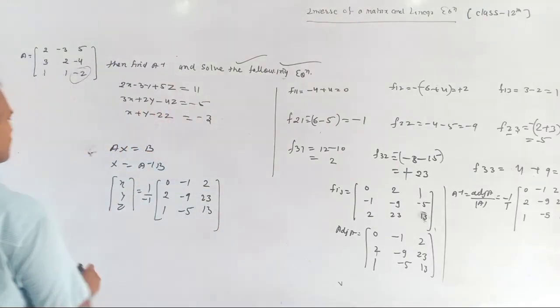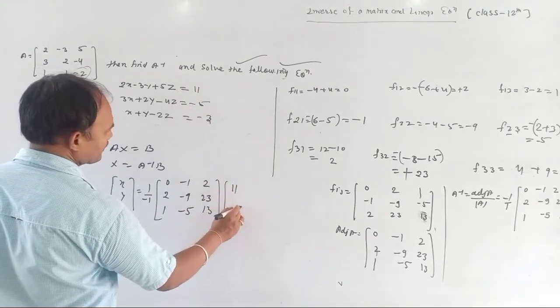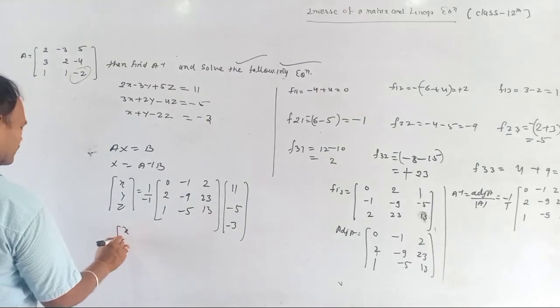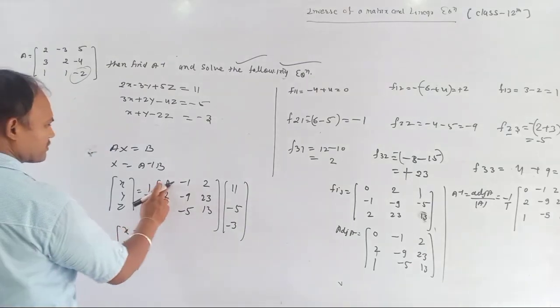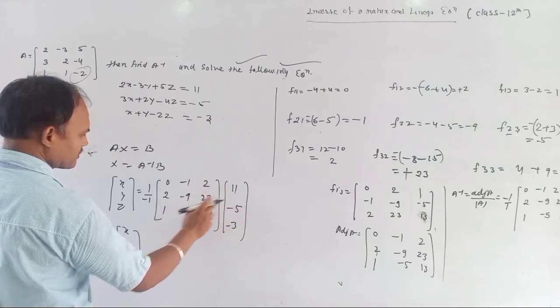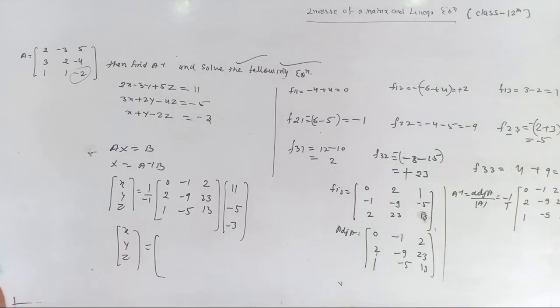The value of B is 11, minus 5 and minus 3. So just do the multiplication. Their values should be 1, 2 and 3.